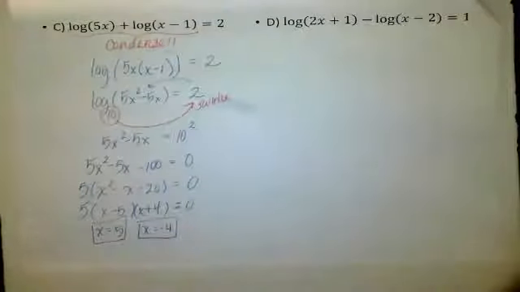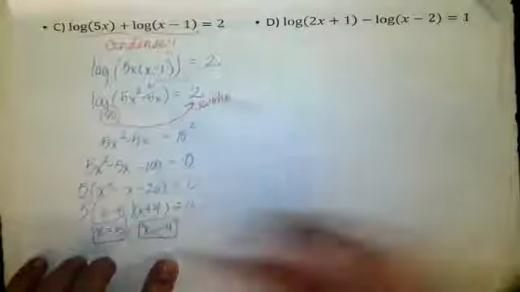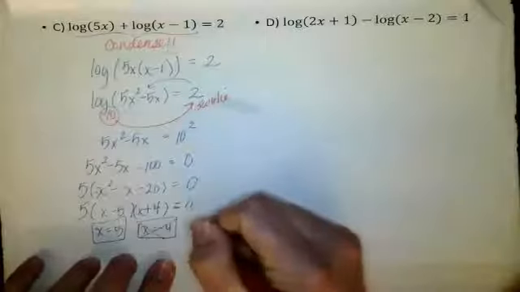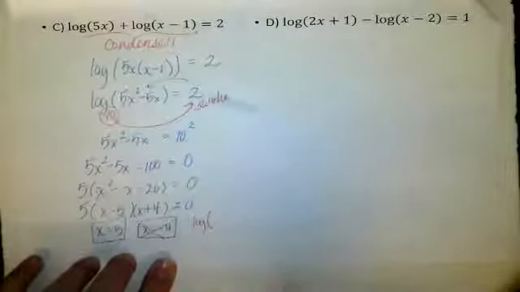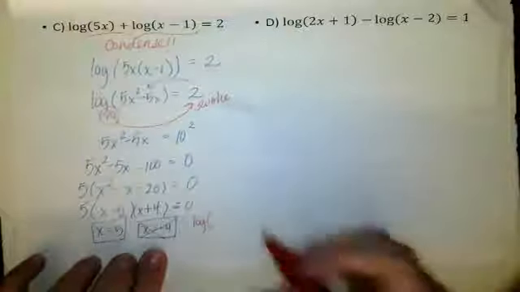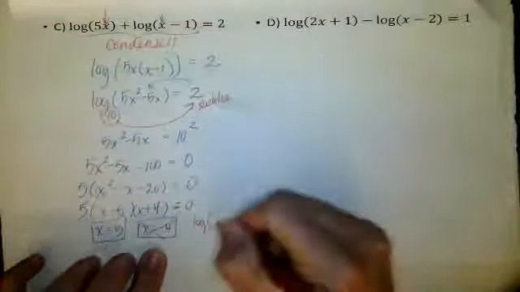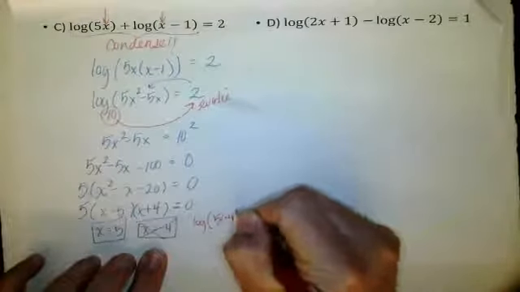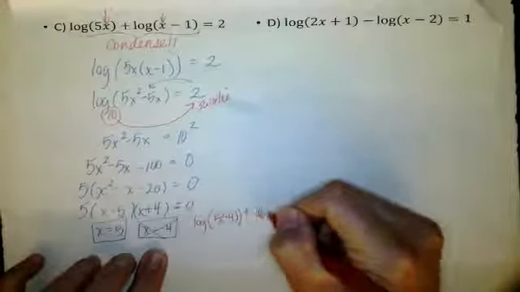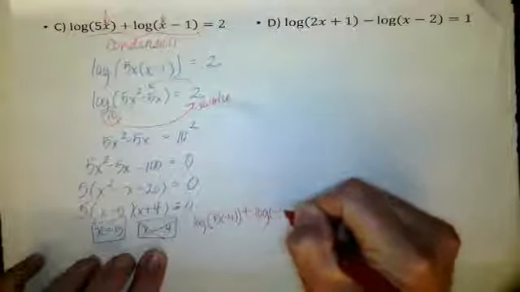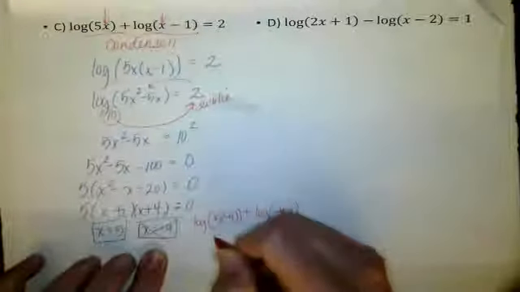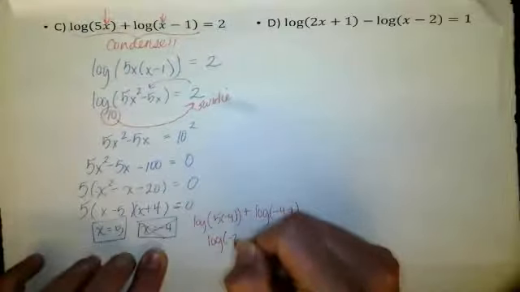One of these does not work. Which one? Why does negative 4 fail? Not because it's negative. When you put it back in, the argument becomes negative. So 5 times negative 4 plus the log of negative 4 minus 1, this becomes the log of negative 20.